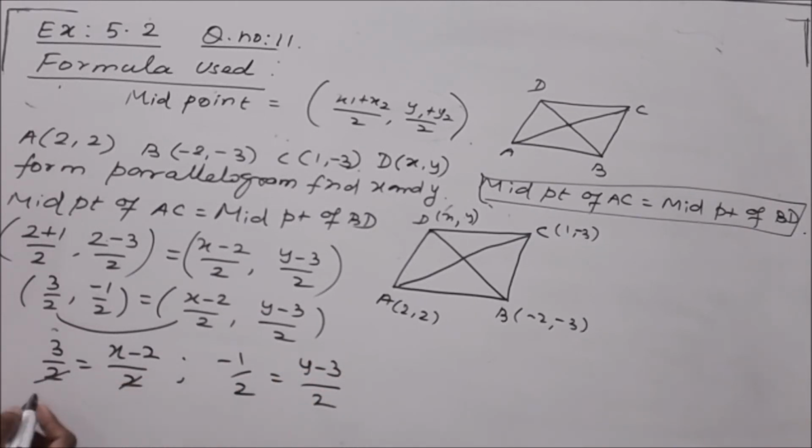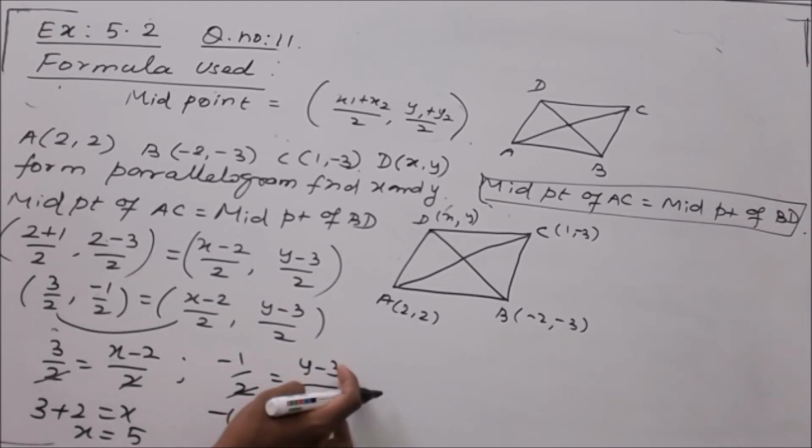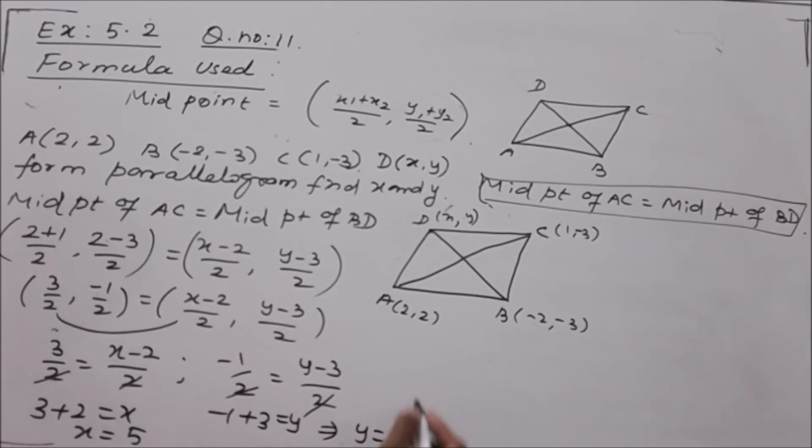Cancelling the 2s, 3 plus 2 equals x, therefore x is equal to 5. And -1 plus 3 equals y, which implies y equals 2. Therefore the fourth coordinate (x, y) equals (5, 2).